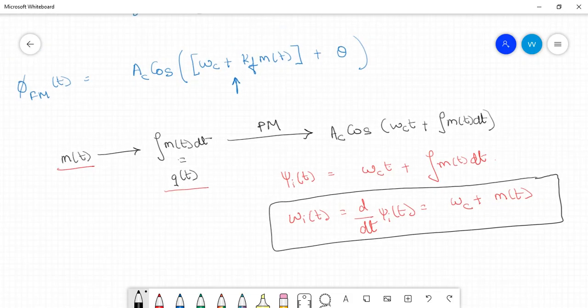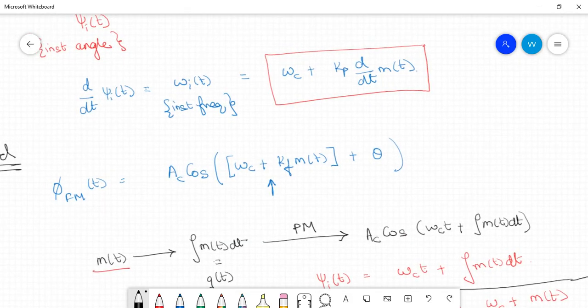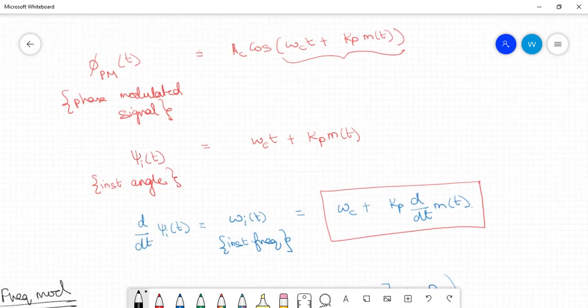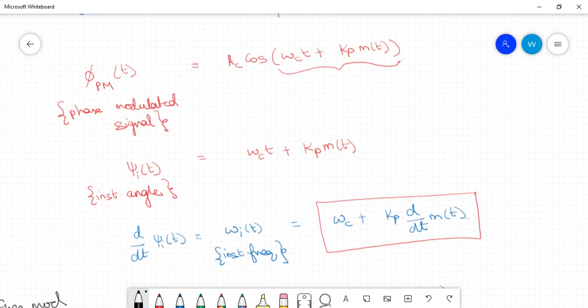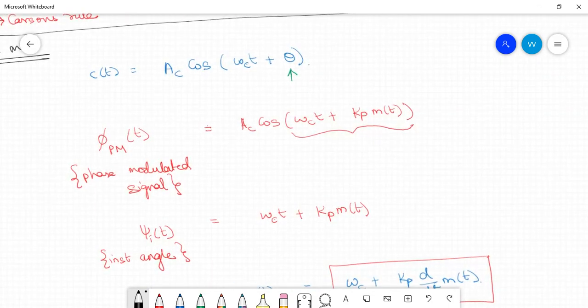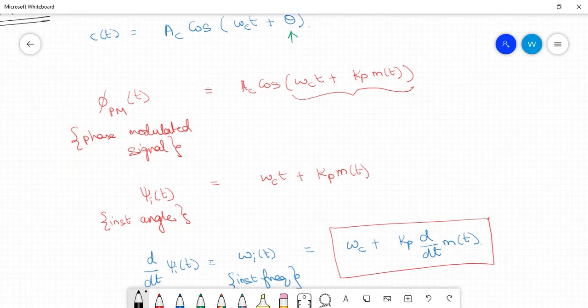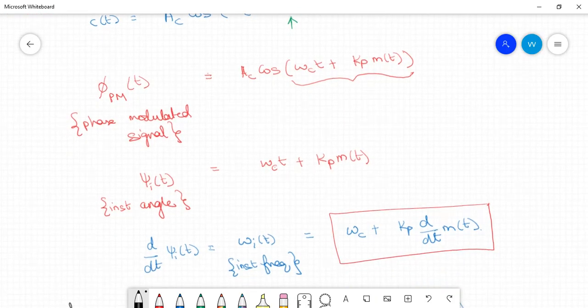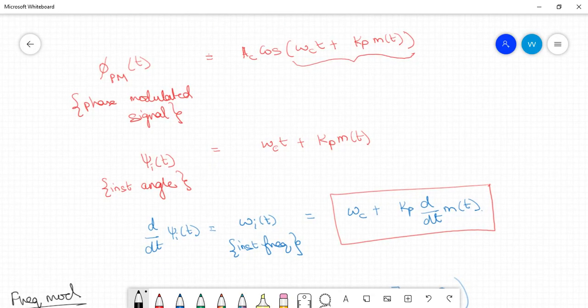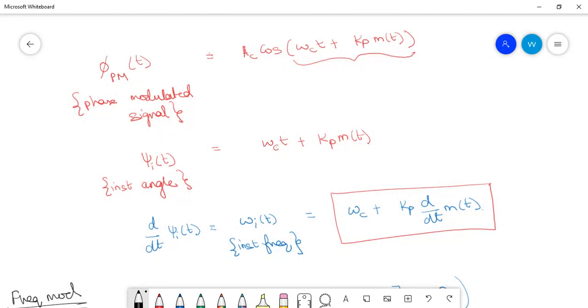Similarly, if you take your signal m(t) and do the phase modulation of m(t), you are actually doing the frequency modulation for the derivative of that signal.